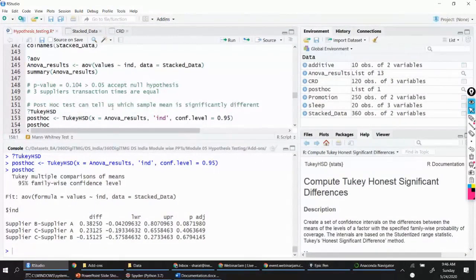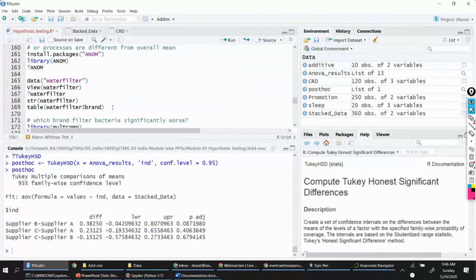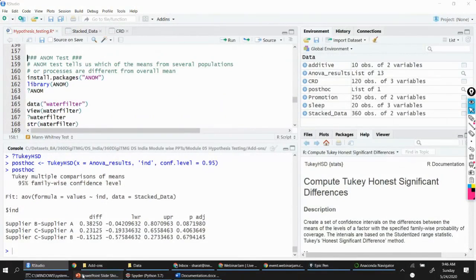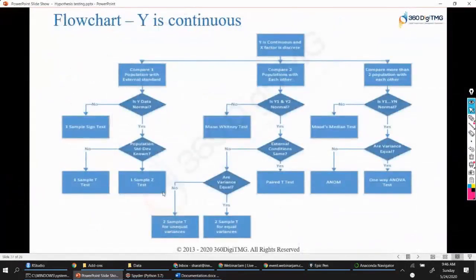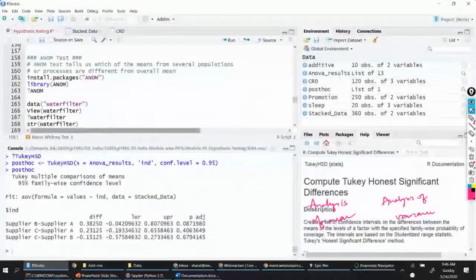Now let us also try and understand the ANOM test case. If you look into this slide, we have the ANOM test case as well. ANOM is analysis of means. This is analysis of variance. Analysis of means is the test which tries to tell which of the several means that we have is different from the overall mean.